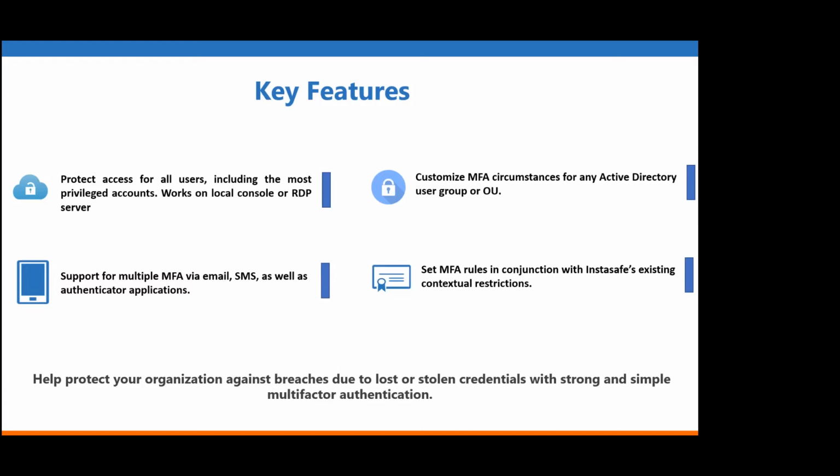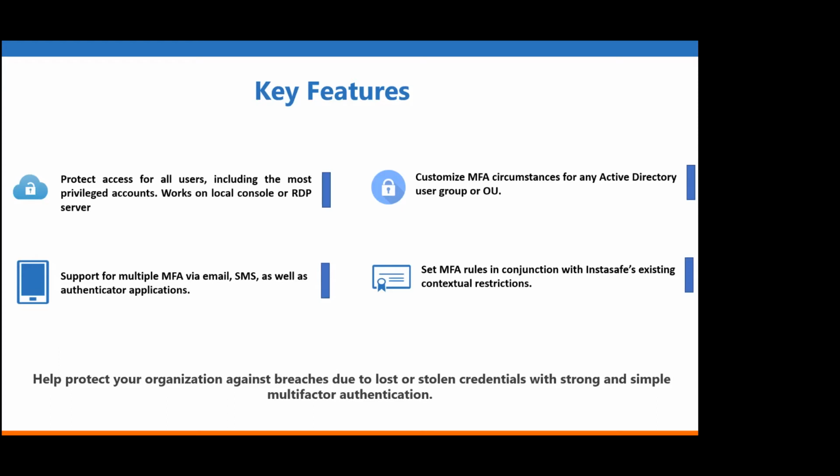Now, ISA supports a wide range of multi-factor methods. The user may choose to receive an OTP via email, SMS, or via any authentication application such as Google Authenticator or Microsoft Authenticator. It also supports TOTP authenticator applications that follow a TOTP approach.